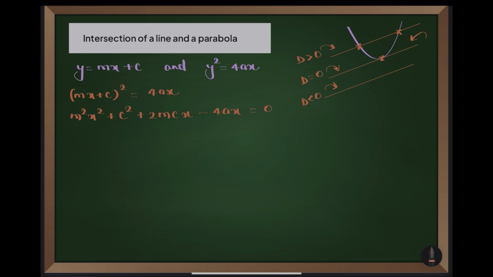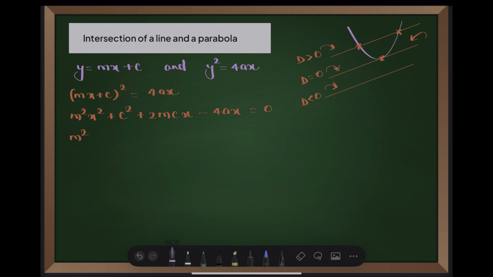As I have told you, we will have a quadratic in x or y. Right now we are getting a quadratic in x. So can I write m square x square plus (2mc minus 4a)x plus c square. So we got our quadratic in x.